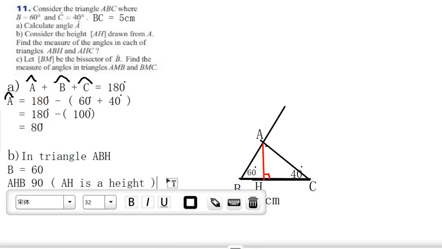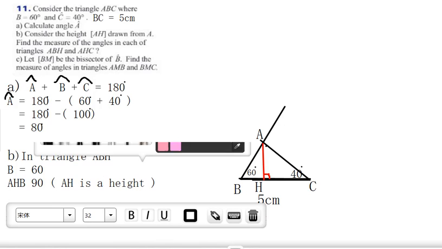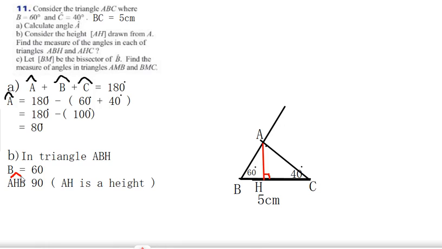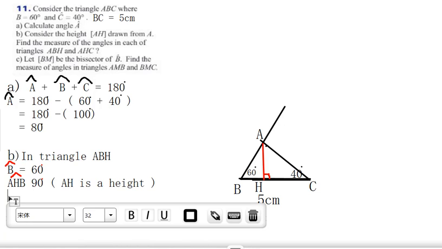Then how can we find the measure of the third angle? Don't forget here to put a cap. Here we have degree, degree, and here we have a cap. Now how can I find the measure of the third angle, which is A? BAH is equal to 180 degrees minus (angle B plus angle AHB).